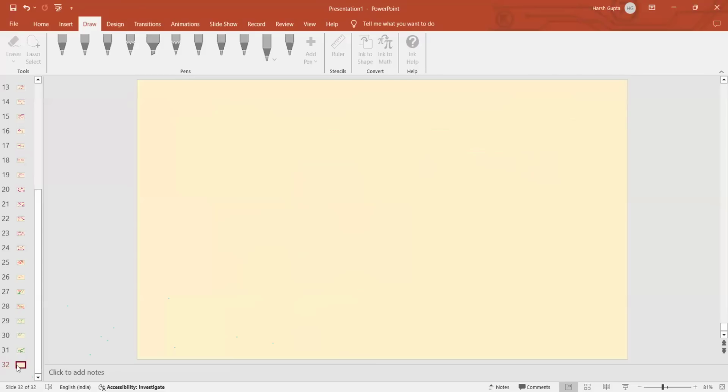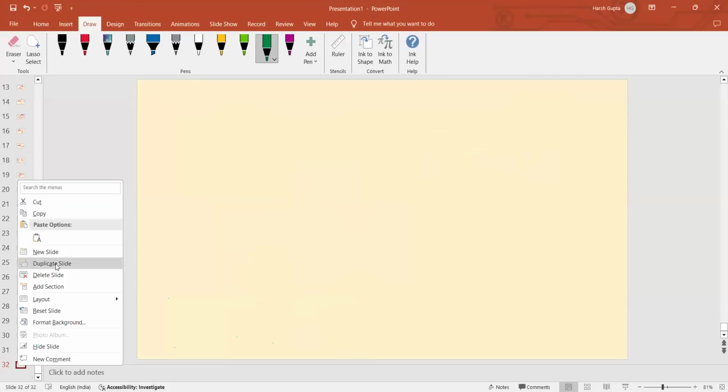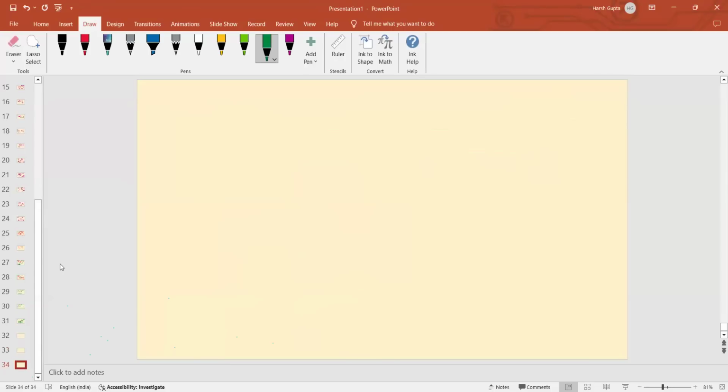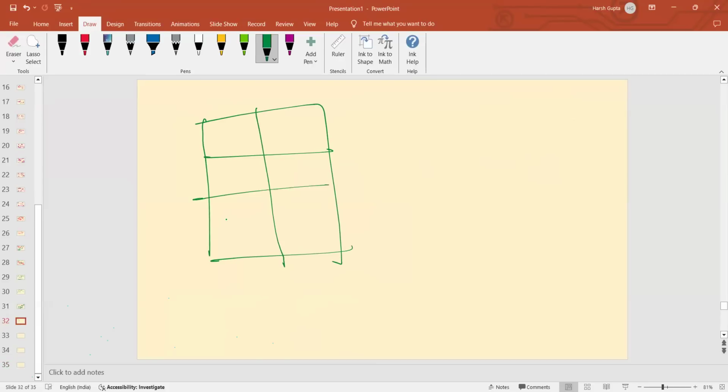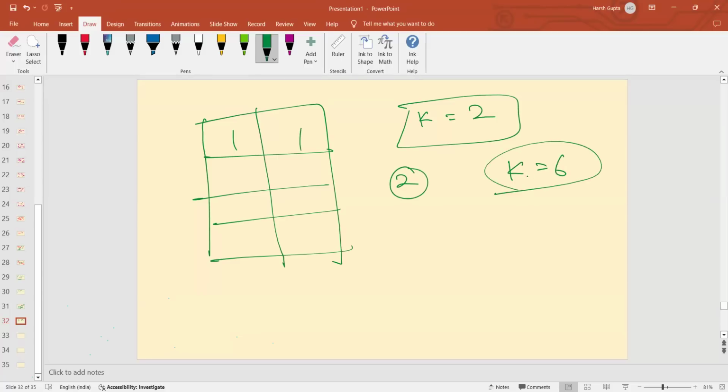Just try to imagine, however you fill, whatever way you fill, it is actually an observation. If I tell you that you have to fill k equals 2, you have to fill 2 ones. So you can see that the minimum XOR that you can get is 2. Again, if you have to fill with k equals 6, that is you need to fill 6 ones, whatever combination you fill, the minimum XOR that you can obtain is again 2.